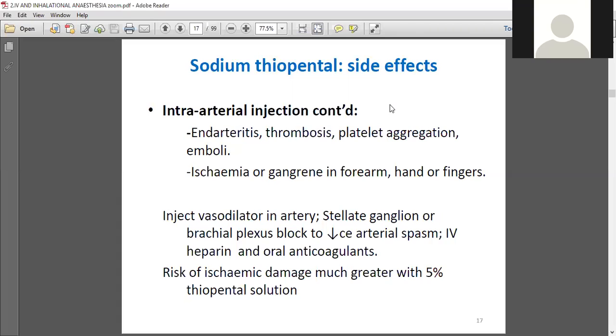Treatment: inject a vasodilator in the artery, or do a stellate ganglion or brachial plexus block to decrease arterial spasm. Give IV heparin or oral anticoagulants because you're already having platelet aggregation and thrombosis. The risk of ischemic damage is much greater with a 5% thiopental solution.